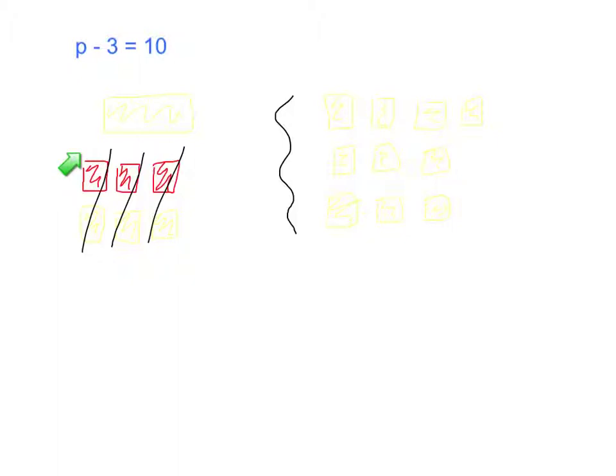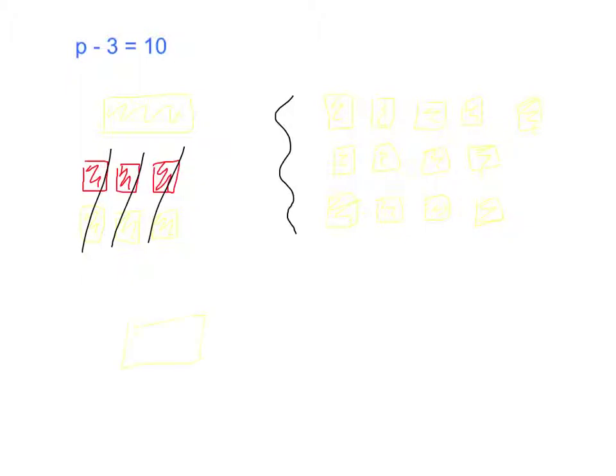However, whatever you do to one side of the equation, you have to do to the other side of the equation. And since we added 3 positive tiles to this side of the equation, we have to add 3 positive tiles to this side of the equation. So now we've essentially solved our equation.